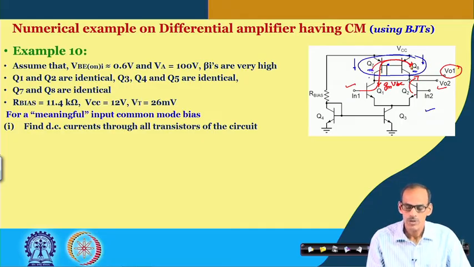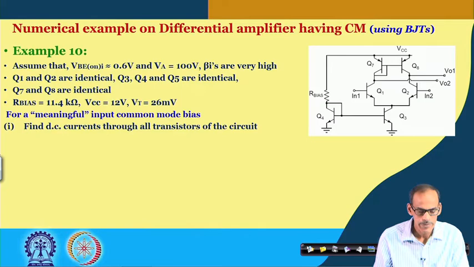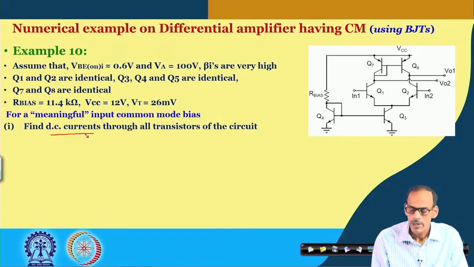I hope you recall the analysis we have done for this circuit. So, in the numerical examples we will be re-establishing the same thing. To start with, we have to find the DC currents through all the transistors.